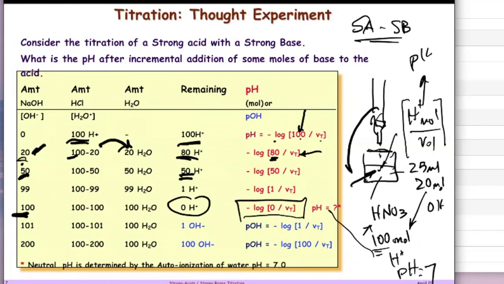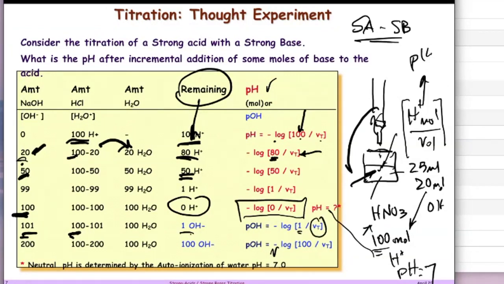Okay? So remember, you're always calculating how much remains, because that'll give you the pH, or once you have an excess of base, see here, the limiting reagent now becomes the acid. And what you have is excess hydroxide that went unreacted. What you need to do is figure out how many moles of excess hydroxide went unreacted, divided by the new total volume.